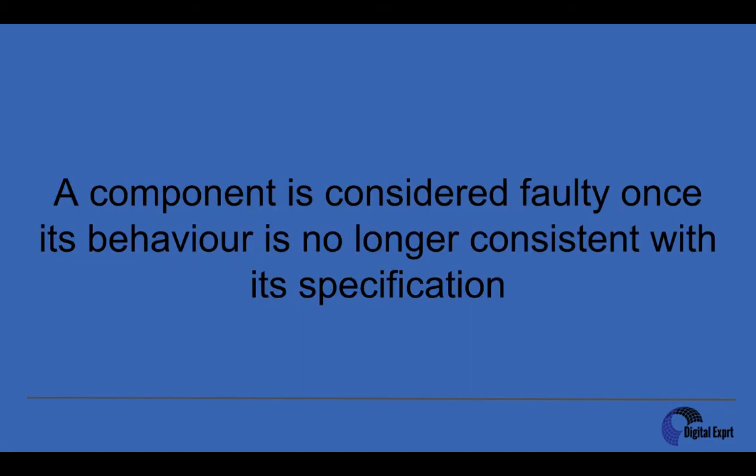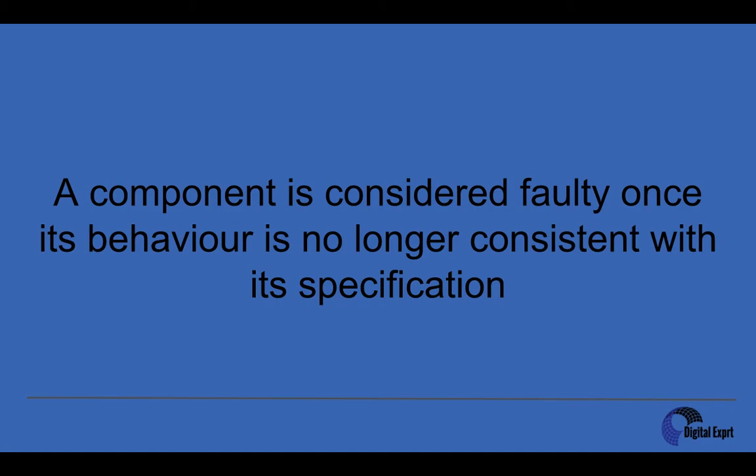A component is considered faulty once its behavior is no longer consistent with specification. So if we have a specification, which is basically declared expectations, here's what we expect this thing to do, and it does it, and all of a sudden it does something differently, then it's faulty for whatever reason.